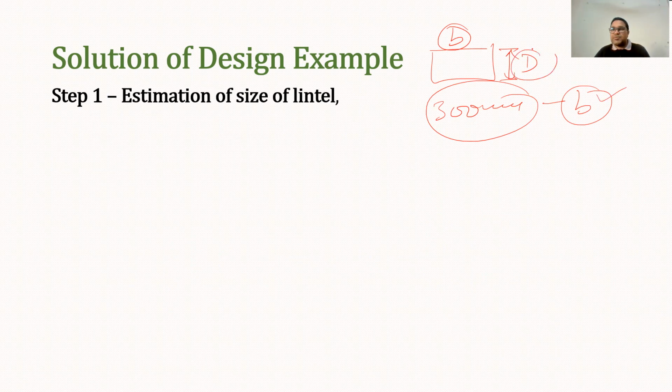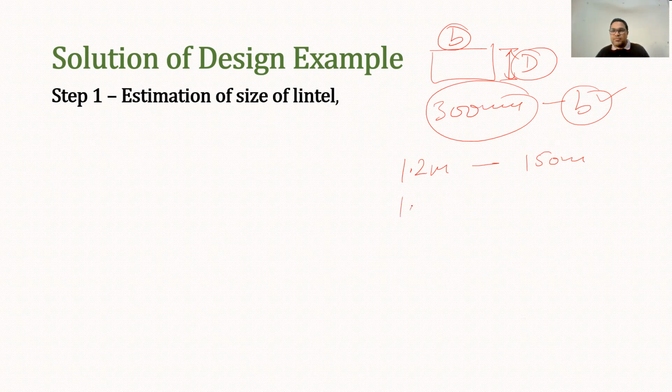Now for initial estimation of D, we have some thumb rule. So in the previous part, I have shown you for opening up to 1.2 meter, we can have initial estimation of depth as say 150 mm. Similarly, for every increment of 30 centimeter, we can increase the depth by 25 mm.